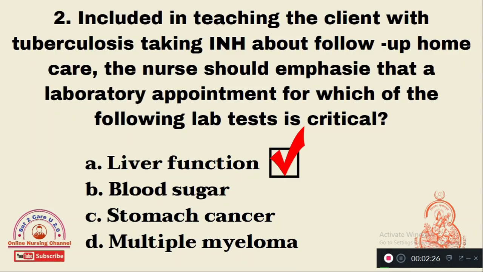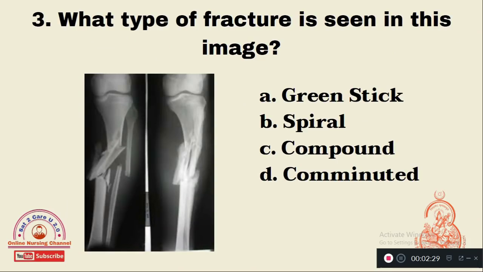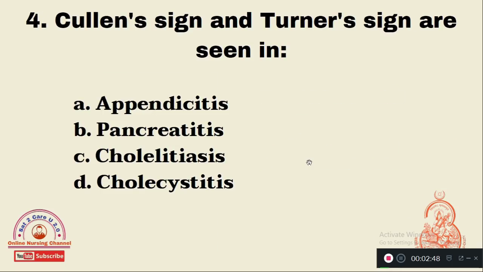Question number 3. What type of fracture is seen in this image? Option A, greenstick, B, spiral, C, compound, D, comminuted. The right answer is option D, comminuted. Question number 4.